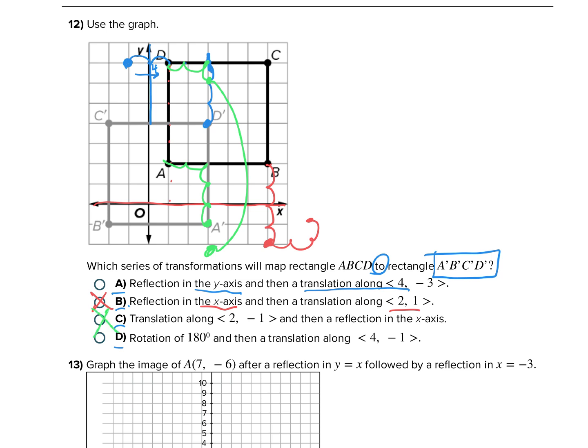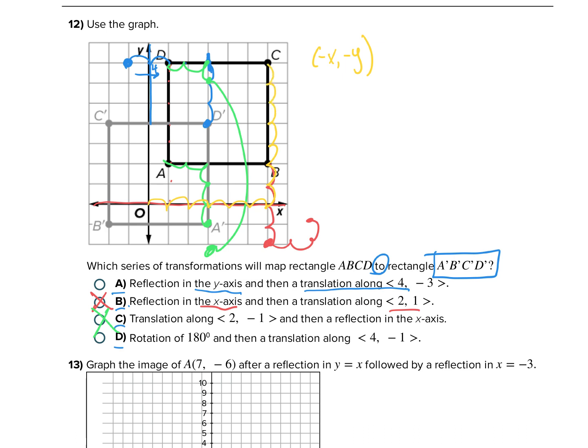And then D, rotation of 180 degrees. So remember that for rotations of 180, we can just negate x and y, use the opposites of x and y. So point C, 1, 2, 3, 4, 5, 6. 1, 2, 3, 4, 5, 6, 7.